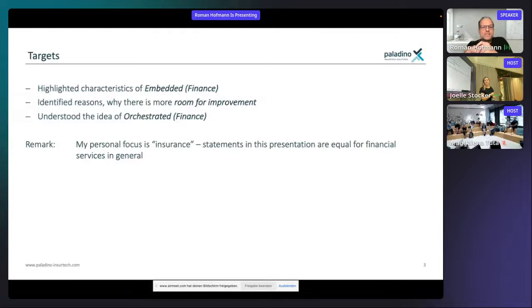The target of today is really that I want to explain what we understand by the term embedded insurance, embedded finance. You can hear that everywhere and read it everywhere. Everybody's talking about that, and I think there's a big difference between real embedded and the so-called embedded insurance. By the way, if I'm talking about insurance, it's equal for banking.